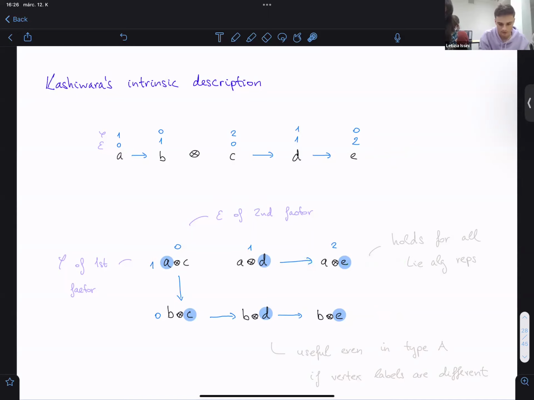Okay, so this is a nice intrinsic description of the tensor products. And this actually holds for all the crystals that we're not going to define here, not only in type A, but even in type A, it's quite useful because the vertex labels might naturally be different from the labels of words. And we might want to stick to those vertex labels and not convert to the crystal of words.